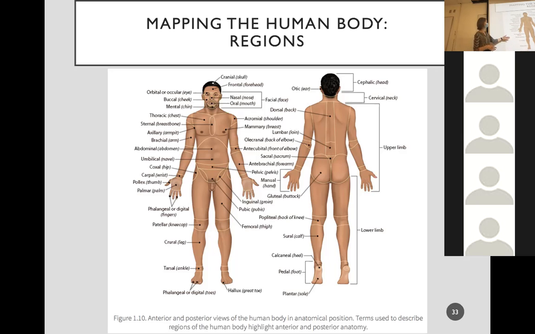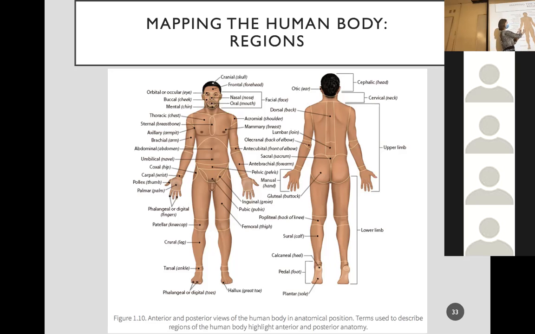Okay, into the abdomen. The abdominal region is most of the abdomen. The umbilical region is specifically the belly button. Moving down, we have the pelvic region, which is a narrow region just below the abdominal. The pubic region is right below that.